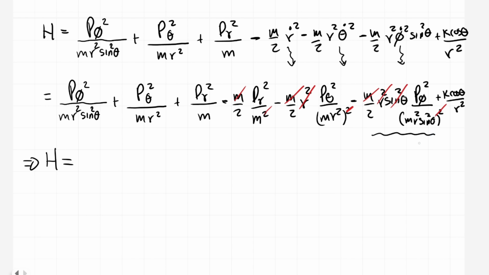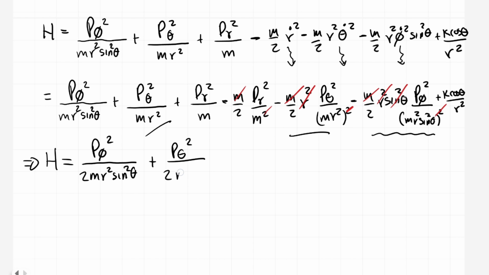With this, we will get p phi squared divided by 2mr squared sine squared theta, plus now this one with this one, we will get something like this, p theta squared over 2mr squared, and then plus something similar, pr squared divided by 2m. Okay, and then plus k cosine theta divided by r squared.